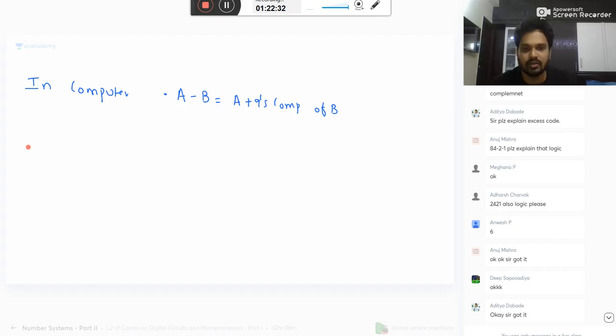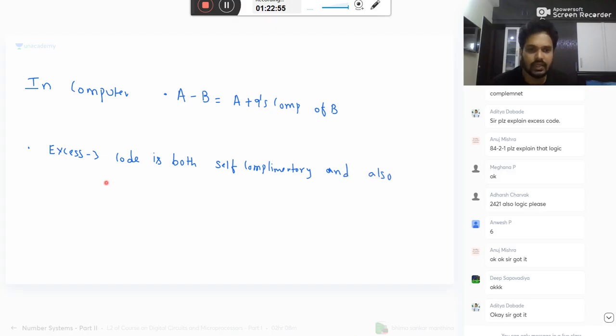Now listen here. Excess 3 code is both self-complementary and also a sequential code.